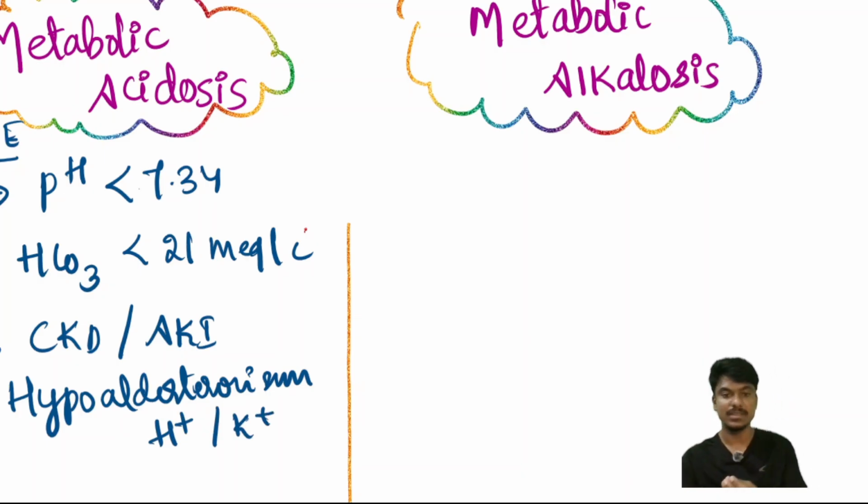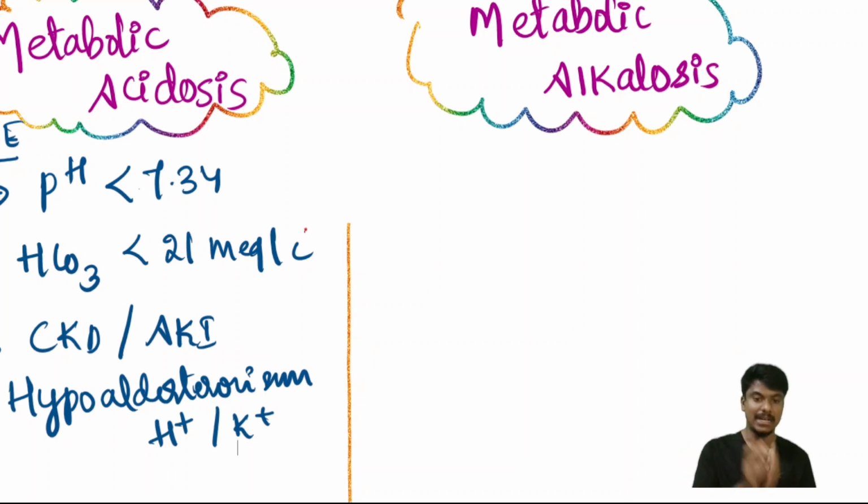In case of CKD, the kidney is not able to produce aldosterone. So aldosterone will not be produced in a sufficient quantity, there will be excretion of sodium and water, and a retention of H plus and potassium ion.